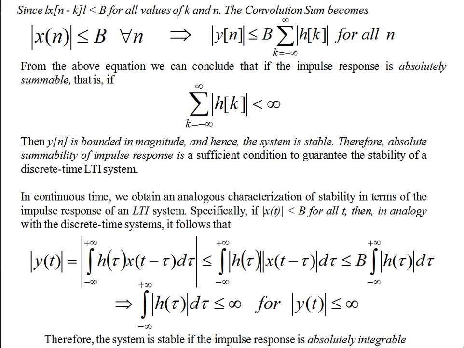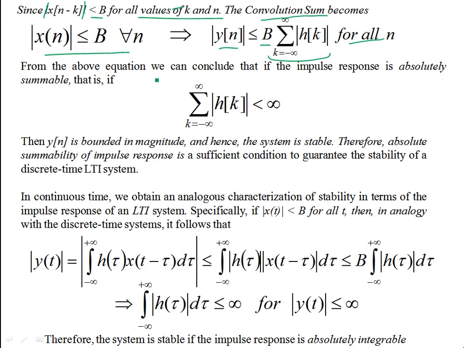Okay, so this is done over here as well. Now you see the magnitude of x of n minus k. If this is bounded by B for all values of k and n, the convolution sum becomes, for bounded input for all n, still less than, if you let all the samples of the input reach the bound B, then that would ensure that the output is bounded if this sum is finite, for all n.